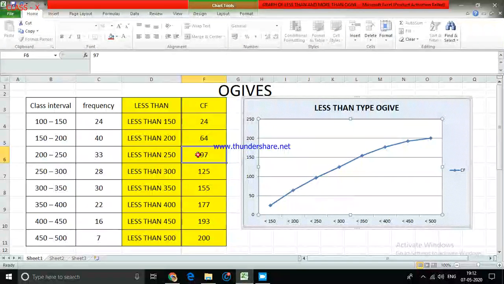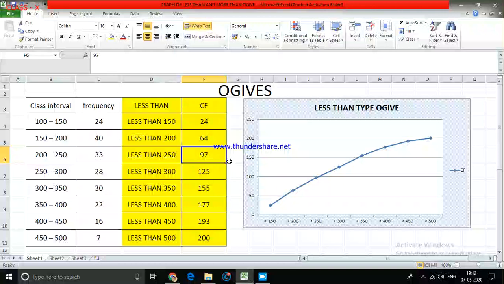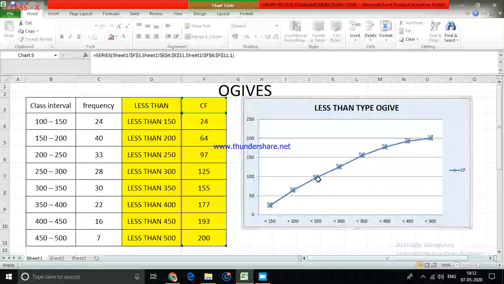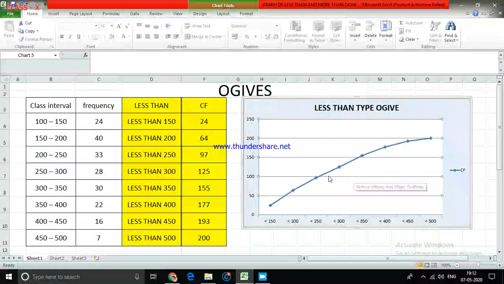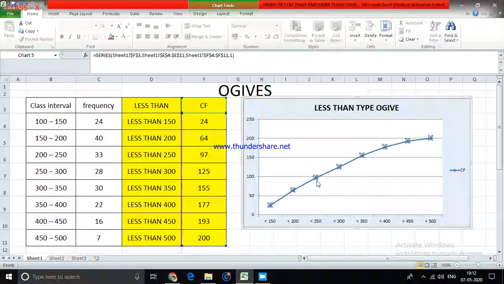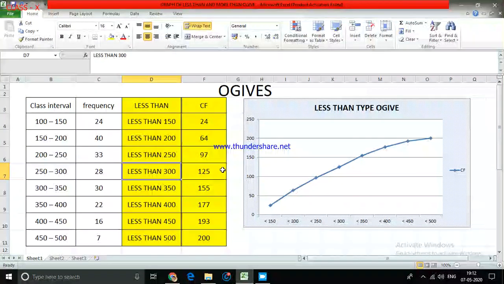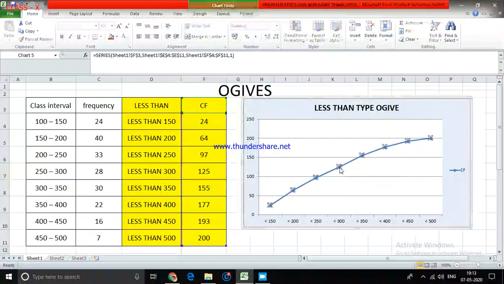Now less than 250 is 97, so at 250 I go till 97, just below 100. This straight line represents 100, so 97 is just below 100. Now less than 300 is 125, so at 300 you have to represent 125.